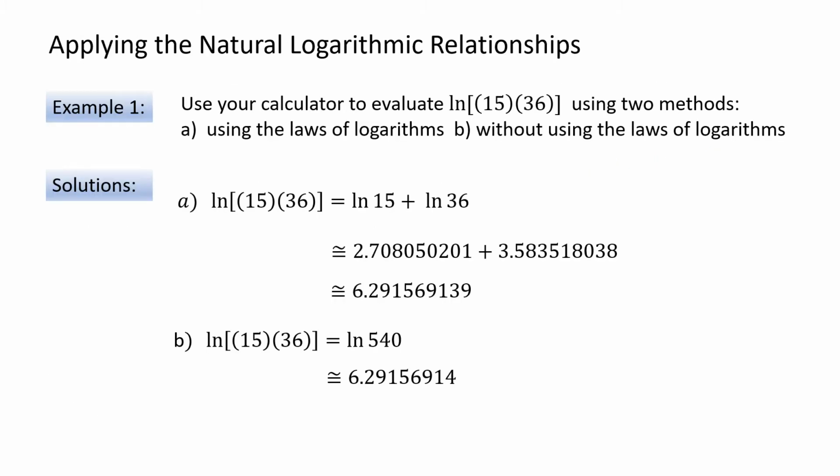So looking at a few examples. Our first example is if we have the ln of 15 times 36. Now you can simply multiply those two numbers together. 15 times 36 is 540. So you could take the ln of the number 540.